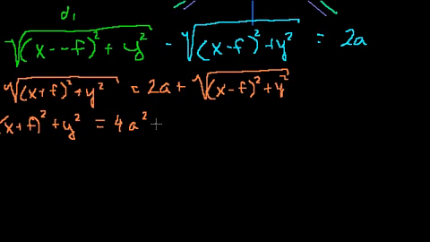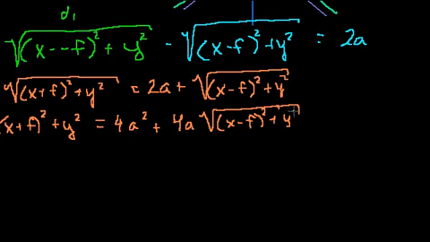So this is equal to plus 2a times this times 2 is 4a times the square root of (x minus f) squared plus y squared. Don't want to lose that squared right there. And then we square this term. And this is just multiplying a binomial. So that's equal to, you just get rid of the radical sign. And now let me stay in that color for now. That's equal to (x minus f) squared plus y squared.